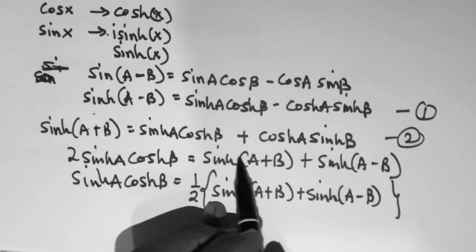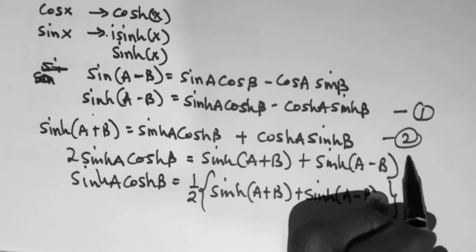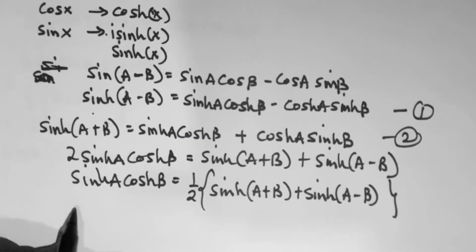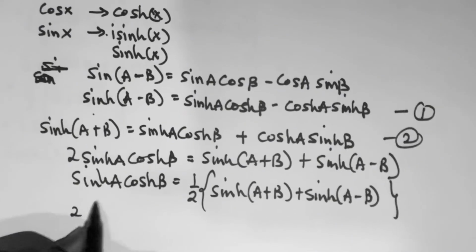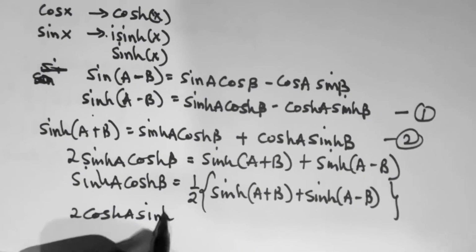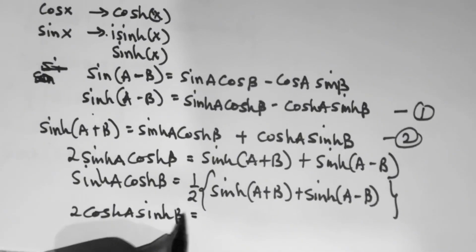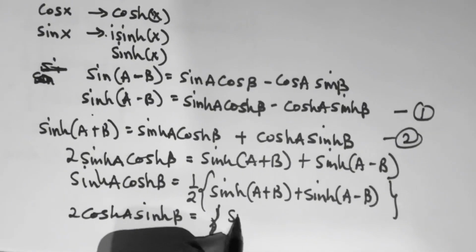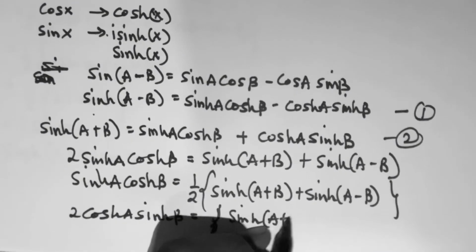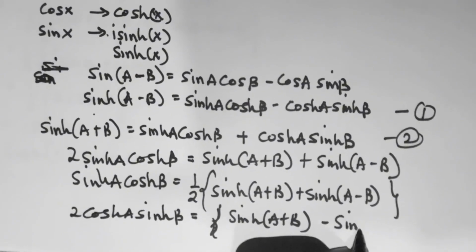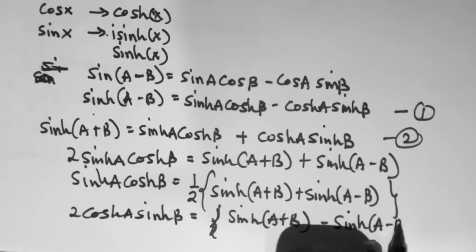Another thing is that we could have also subtracted equation 1 from equation 2, and if we do that subtraction, this part goes to 0, so this becomes 2 cos A sin B, and that is equal to sin(A plus B) minus sin(A minus B).